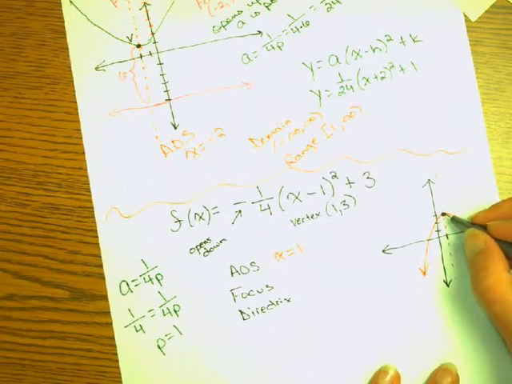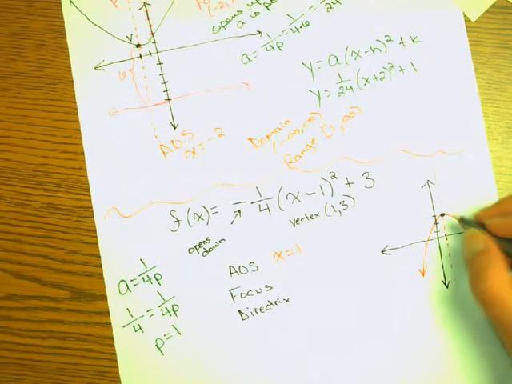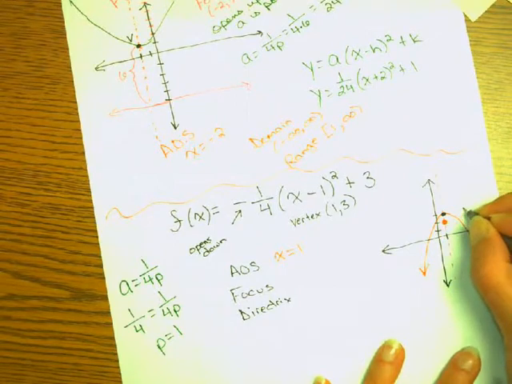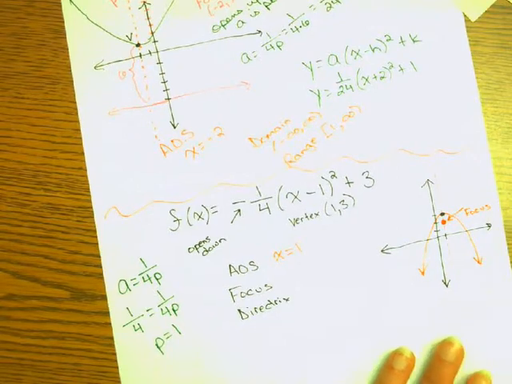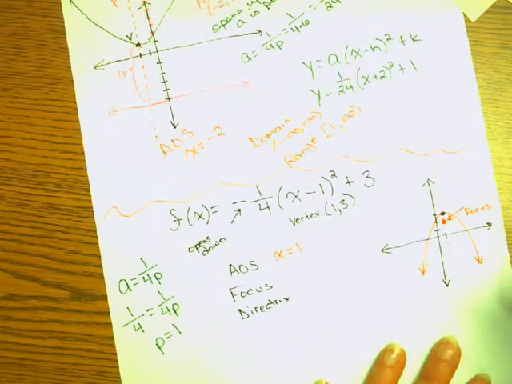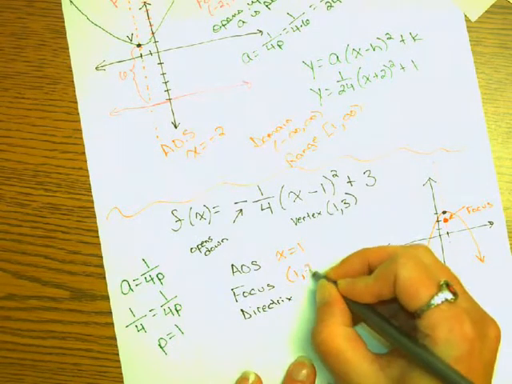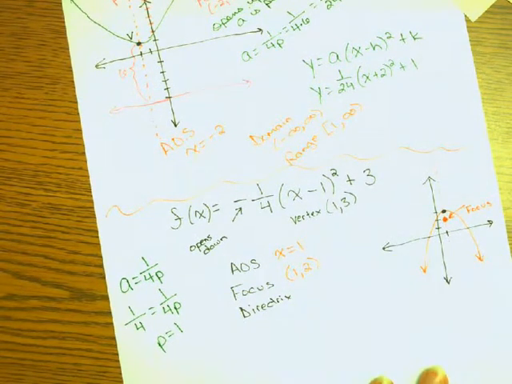Which way is the focus going to be? Well, the graph hugs the focus. It focuses on it. It loves it. It's got to be inside. That is the focus. So what are the coordinates for that focus? It's over 1, up 2. So (1, 2). What about the directrix?